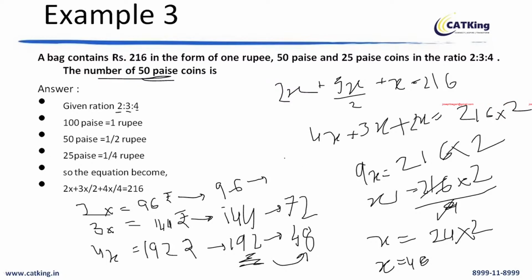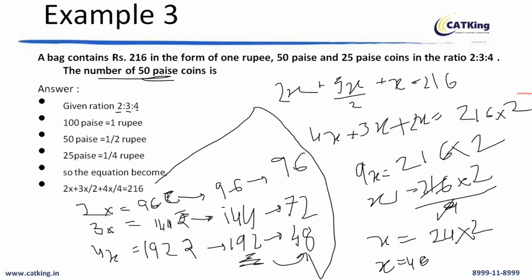And this is 96. I hope you understood this. This is not rupees, this is coins, okay? Just know that this is 3x, this is actually 3x by 2 which we divided here. Here this was 4x by 4 which we divided by 4 here.